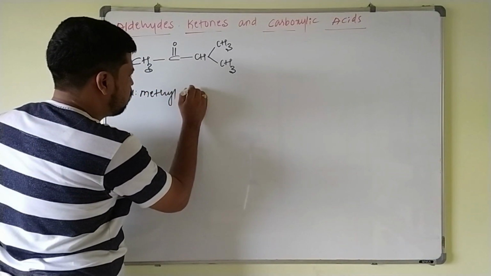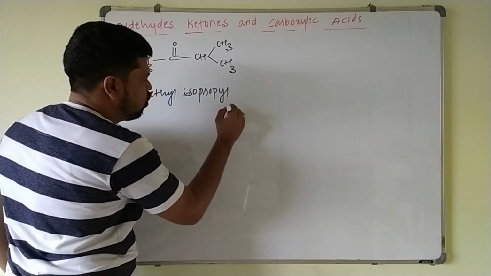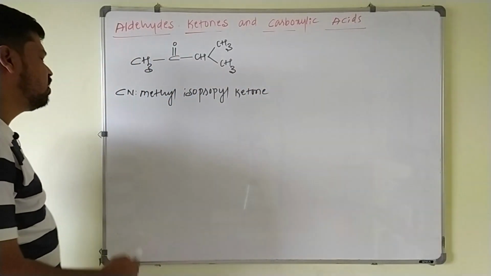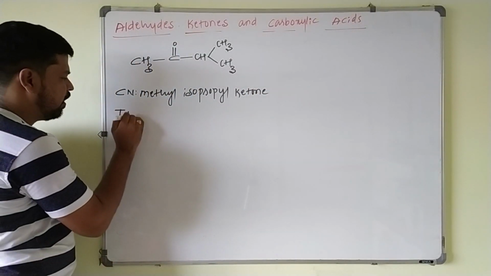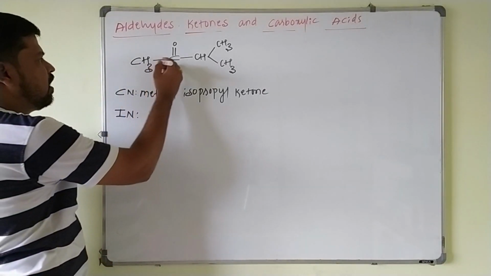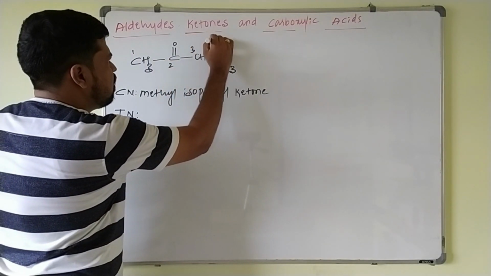Methyl isopropyl ketone. Then the IUPAC name of this compound: always numbering is done from the end which is nearer to the carbonyl group. So this is 1, 2, 3, 4 here.